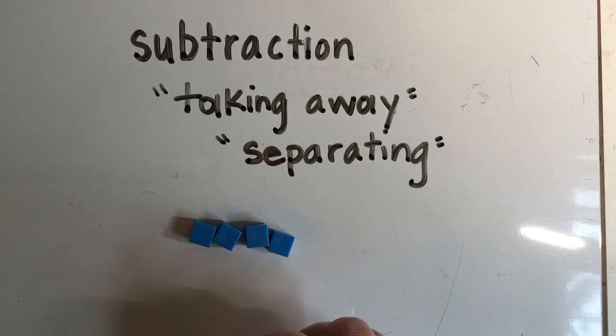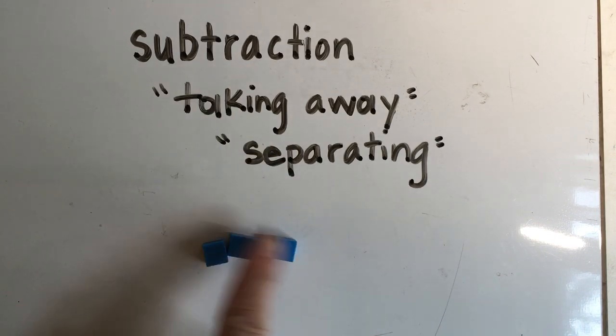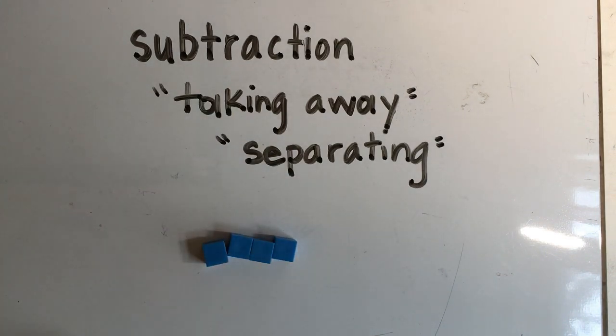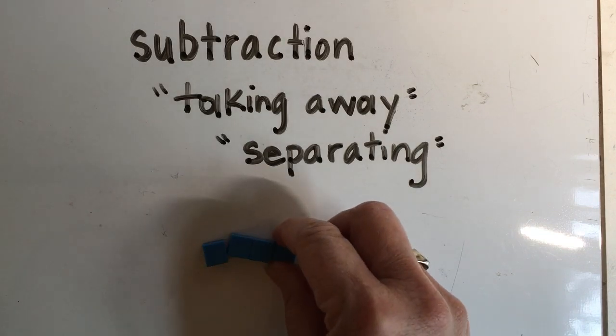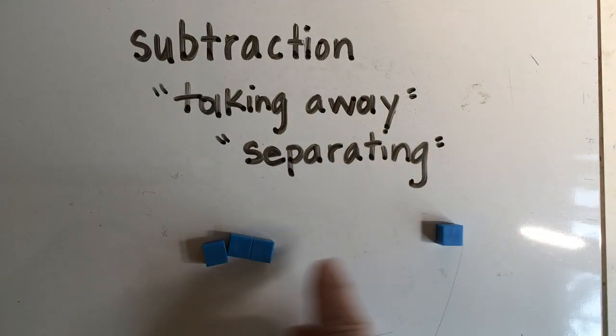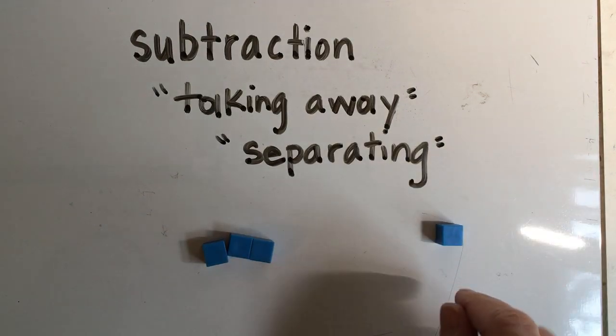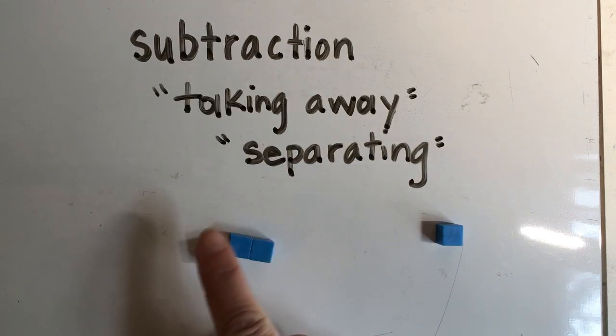So here I've got 4 cubes there in all, right? And so I'm going to take away or separate one of them from the group. So I had 4 and I took away 1. And in subtraction, we're trying to find what's left over.